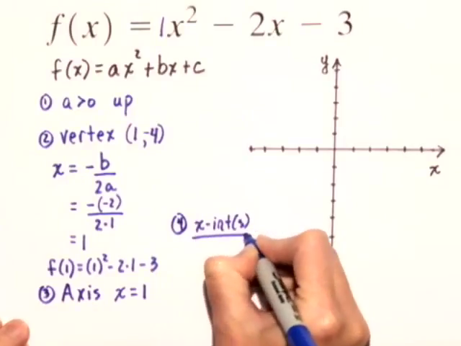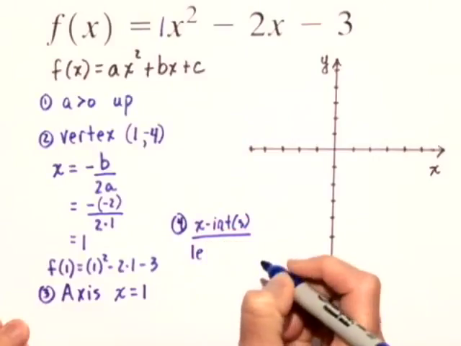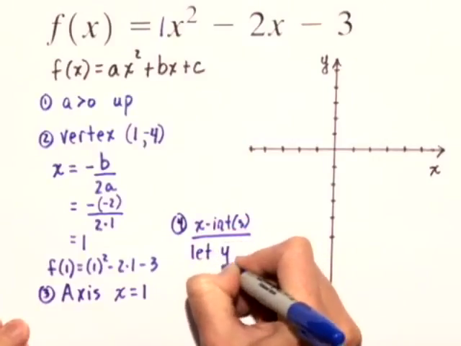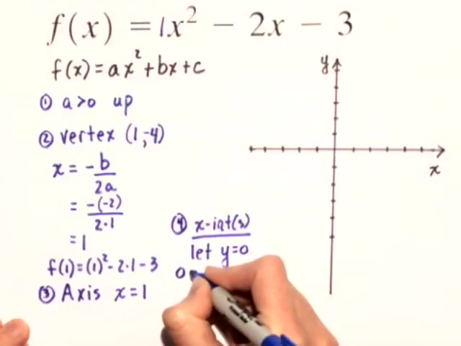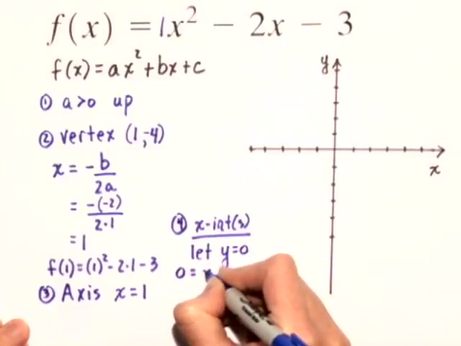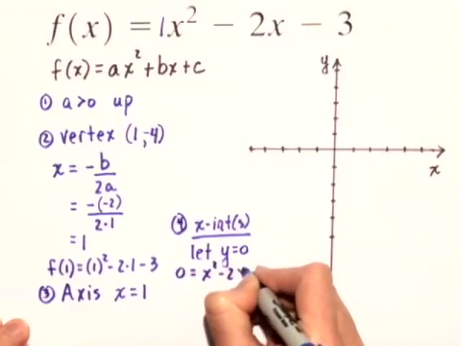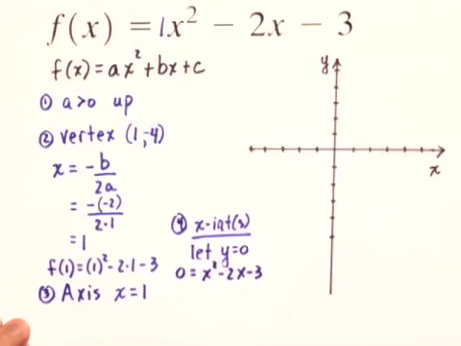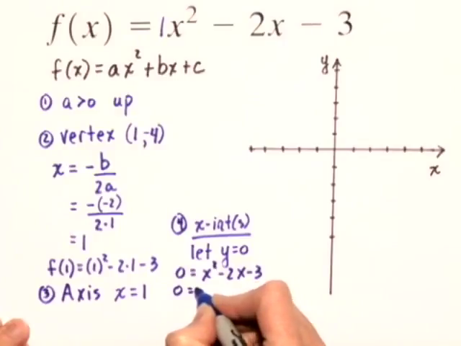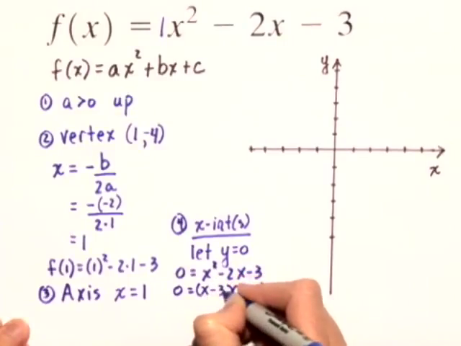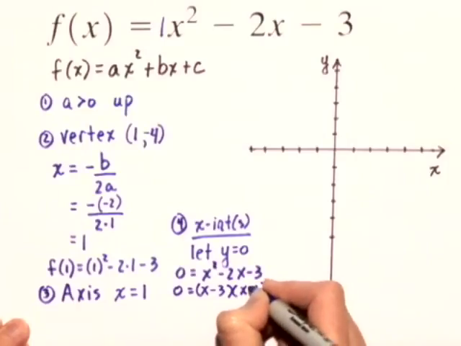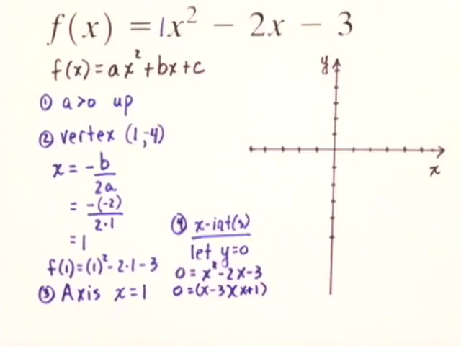So in step 4, we'll find the x-intercepts by letting y equal 0. When we do that, we're solving the quadratic equation 0 equals x squared minus 2x minus 3. This will factor, and we get 0 equals x minus 3 times the quantity x plus 1.